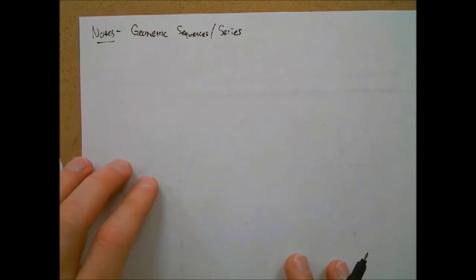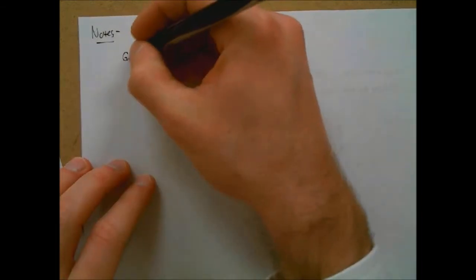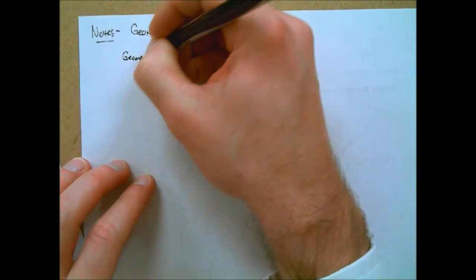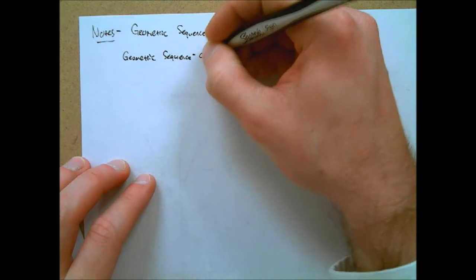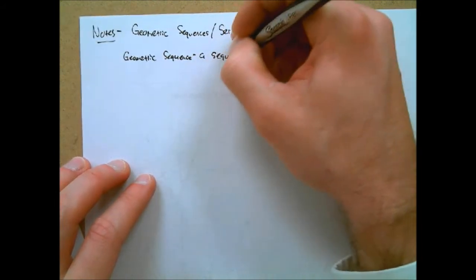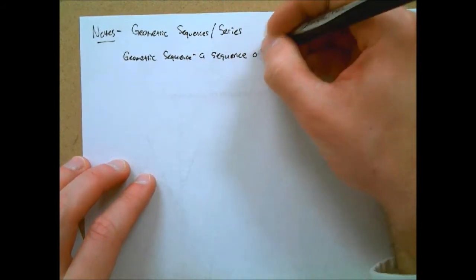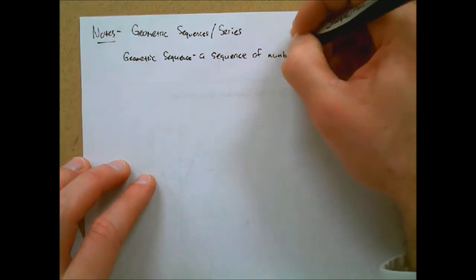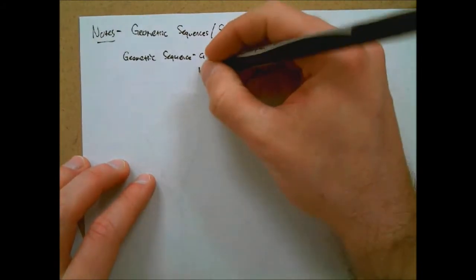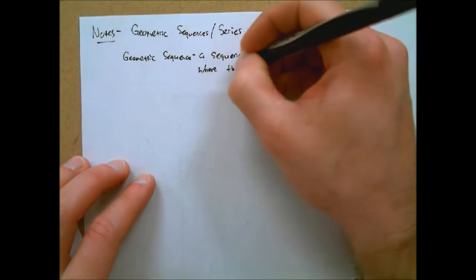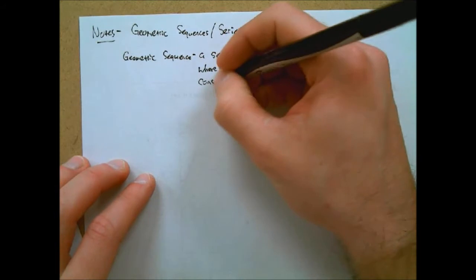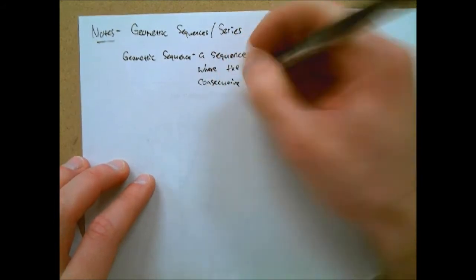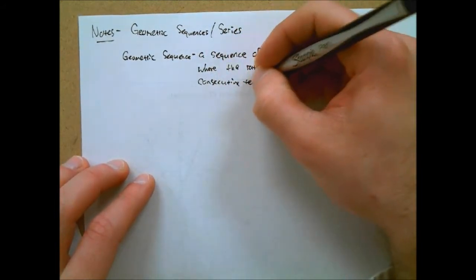Okay. Geometric sequences, okay? A geometric sequence is a sequence of numbers, and this is again one that I believe you have seen before, where the ratio of consecutive terms is the same.